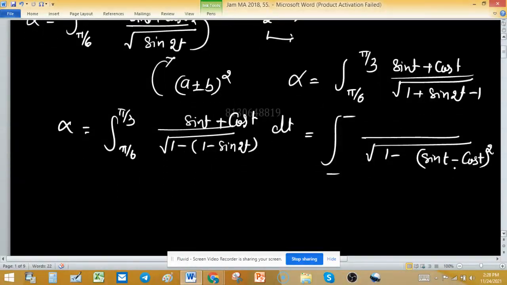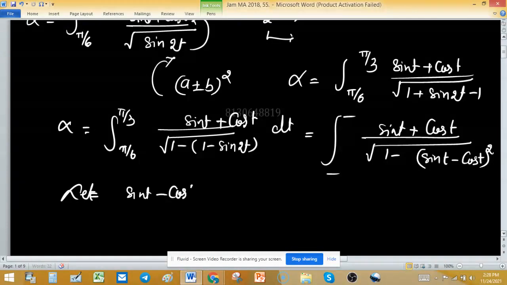That will become this expression, and the numerator part is sine t plus cos t. So alpha is this expression.